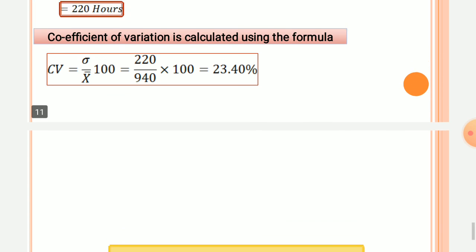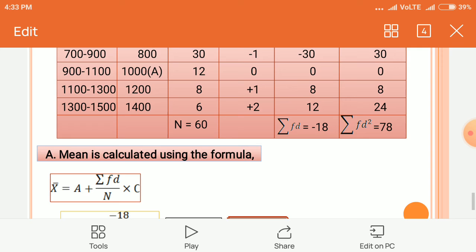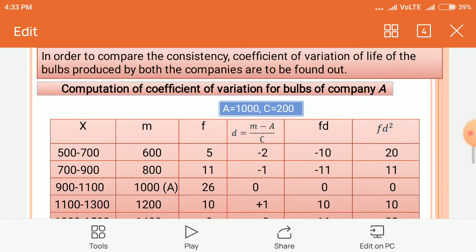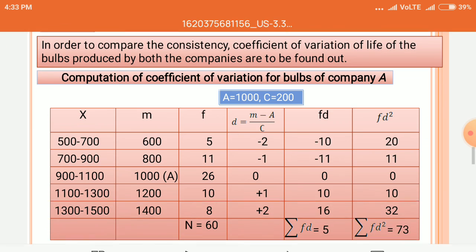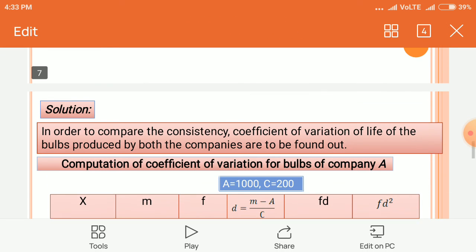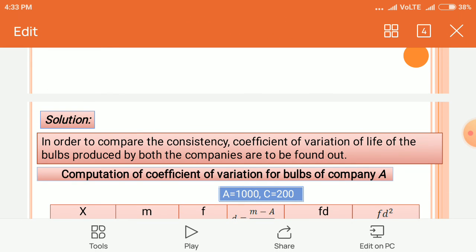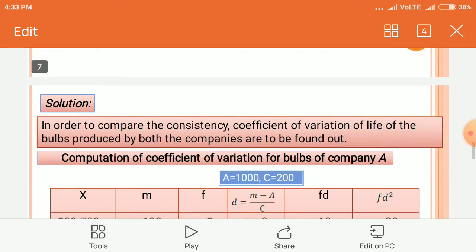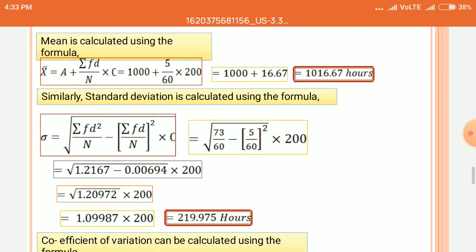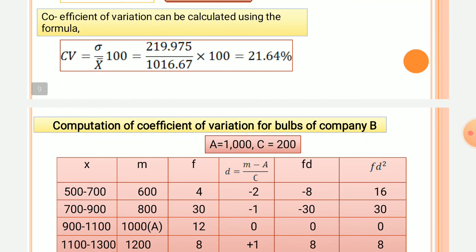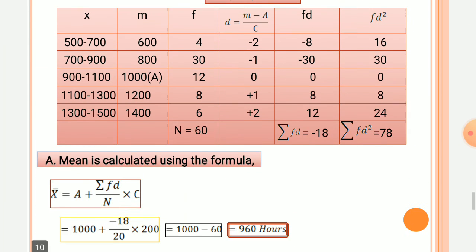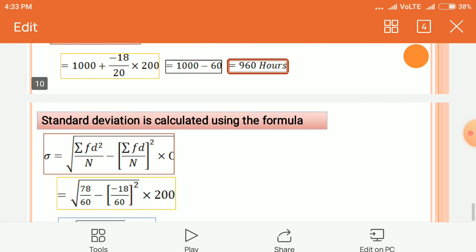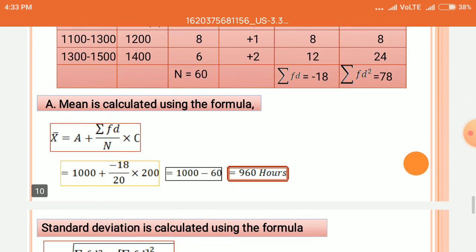So therefore the coefficient of variation of company A is 21.64% and of company B is 23.40%.